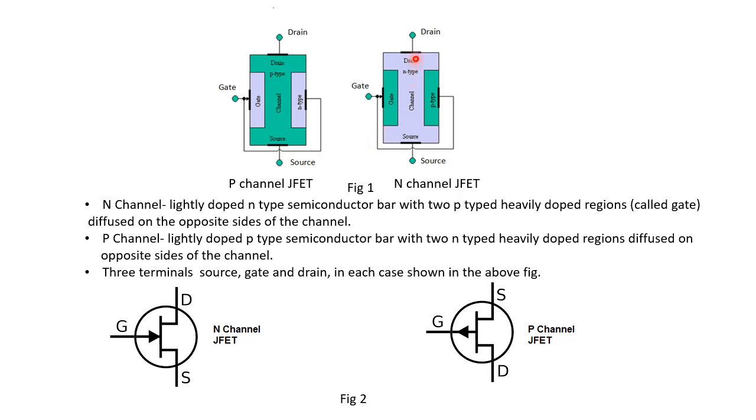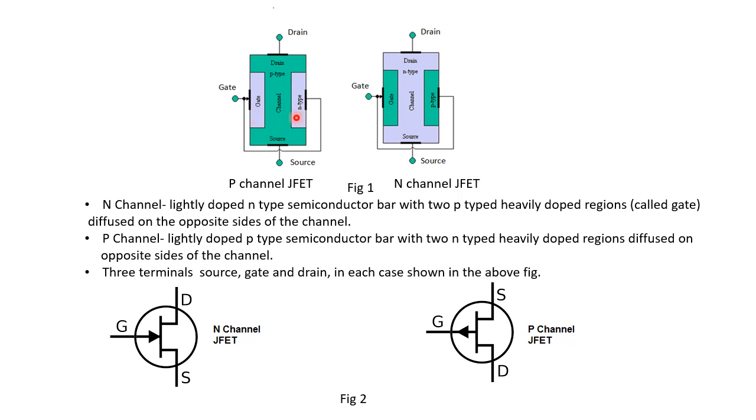In case of N-channel FET, the channel is N-type semiconductor which is very lightly doped. On the two sides of the channel, in case of P-channel FET, N-type semiconductor is diffused and these two portions are called the gate of the P-channel FET.